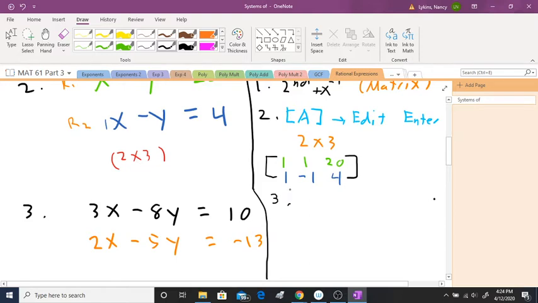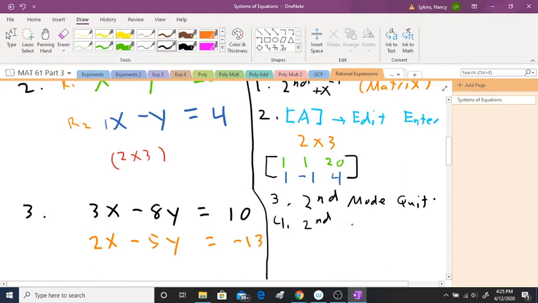So once we do this, then I want you to do your second button and mode. That's quit, and that exits you out of your matrix screen. And then I want you to go back in.